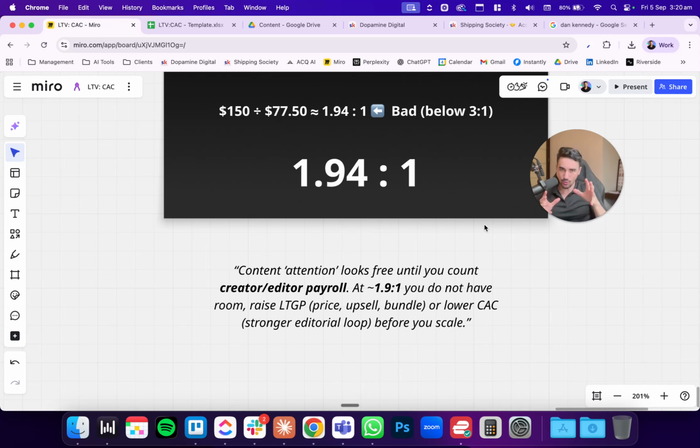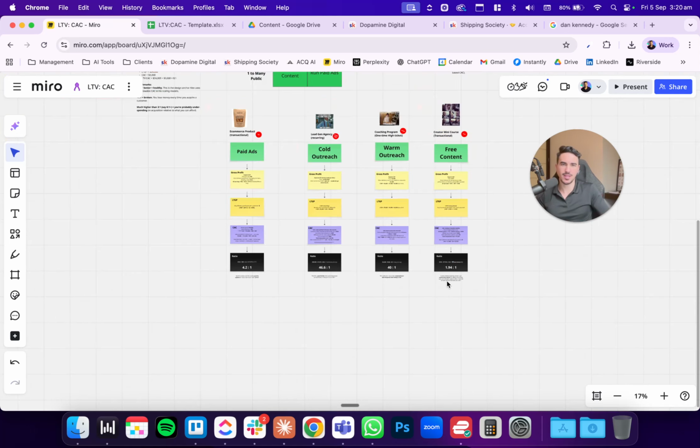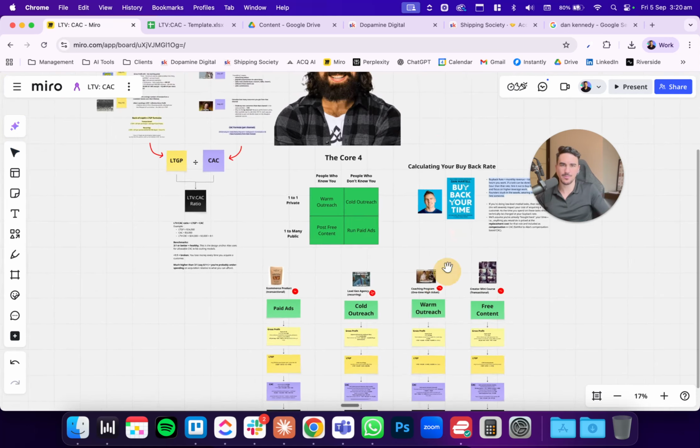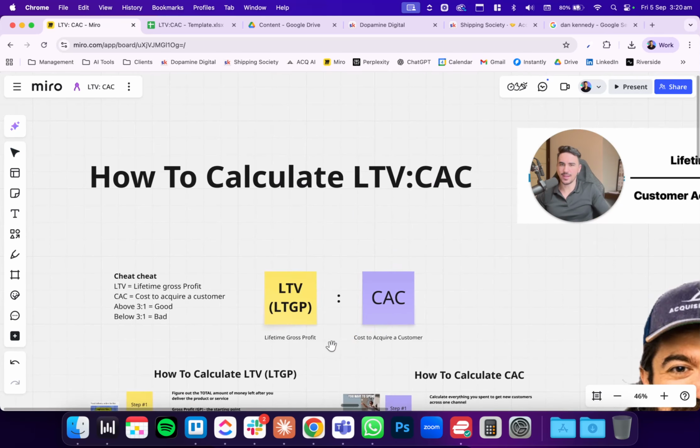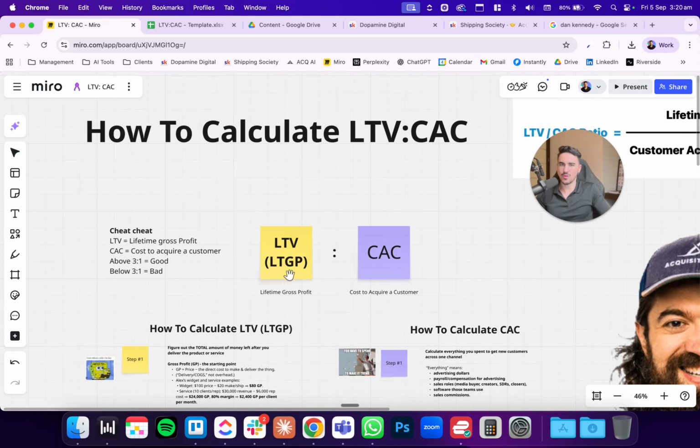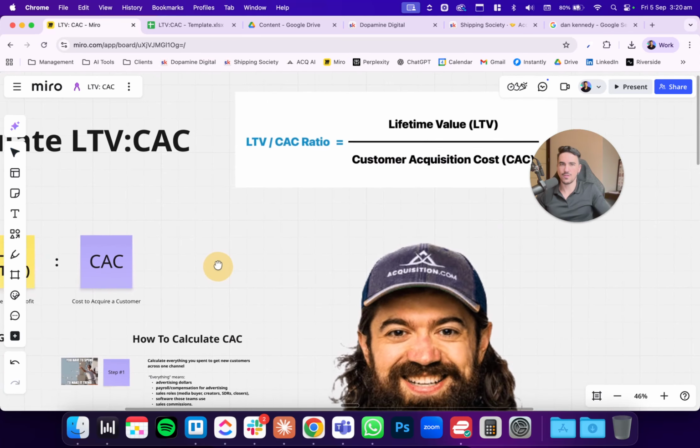So calculate all of that in your free content. And if it's below 3, maybe look at changing some things around or axing it completely and going with something slightly different. So that's how you calculate your LTV to CAC and your lifetime gross profit to cost of customer acquisition costs.